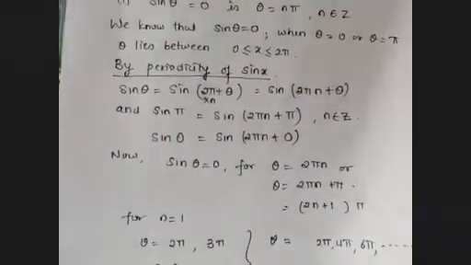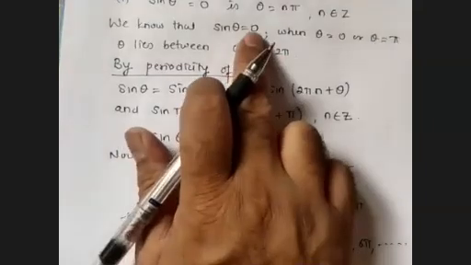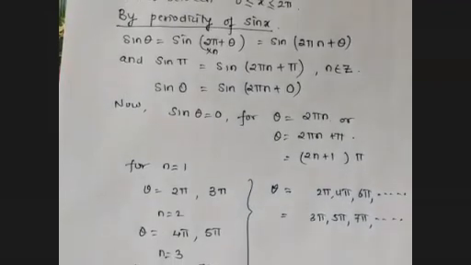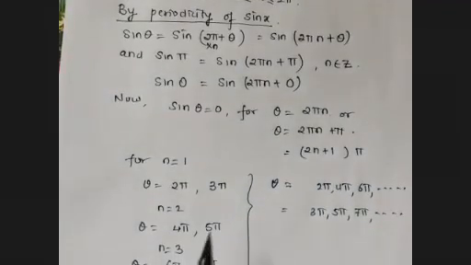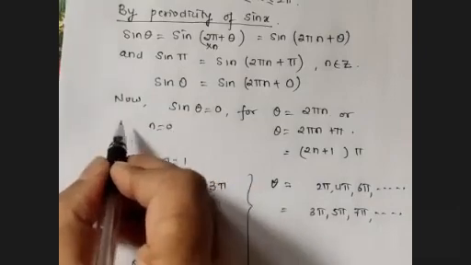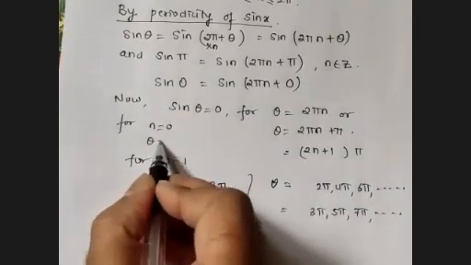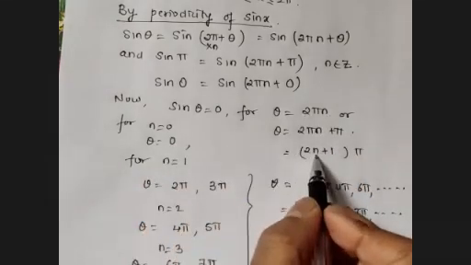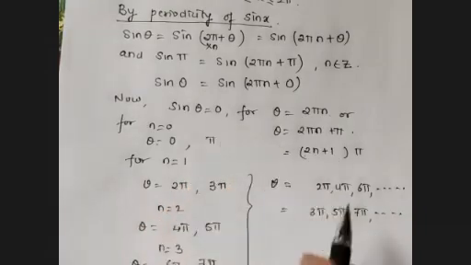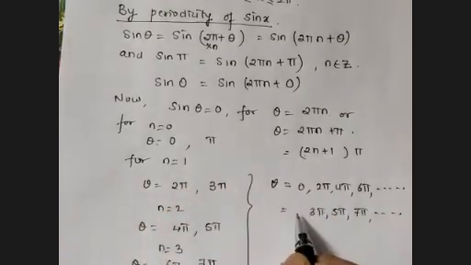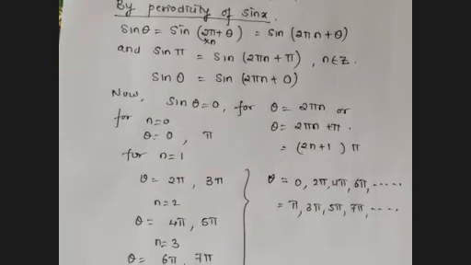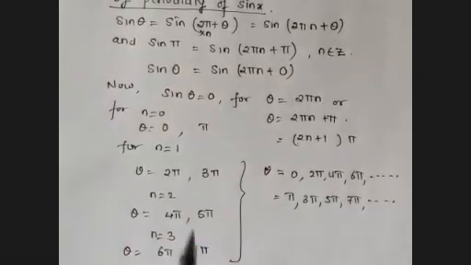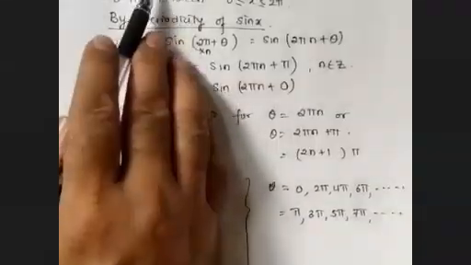If the theta lies between 0 and 2 pi, the value is also 0 and pi. So that means the n value starts from 0. So if n is equal to 0, theta will be equal to anything multiplied by 0 is 0, or 0 plus 1, it will become pi. So our value starts from 0 and pi. So these are all values which satisfies the condition as sine theta is equal to 0.